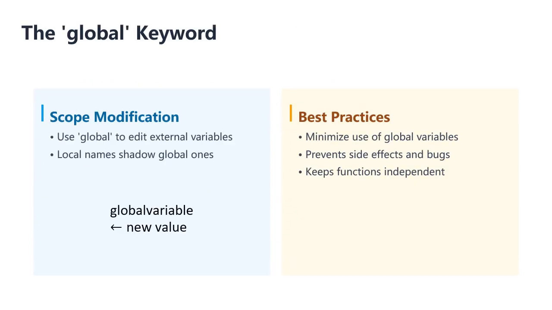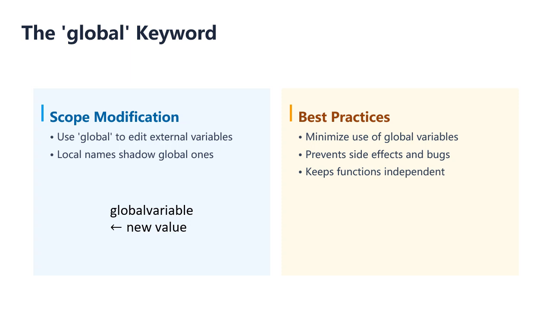Let's look at a special tool called the global keyword. As we saw on the previous page, functions typically stay within their own local boundaries, but sometimes we need to reach out and modify a variable that lives in the main part of our script. Normally, if you try to change a global variable inside a function, Python simply creates a new local variable with the same name.